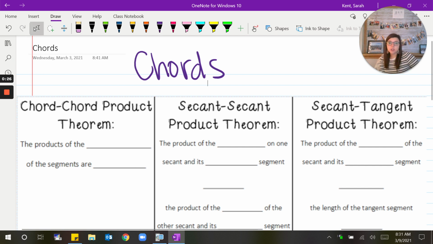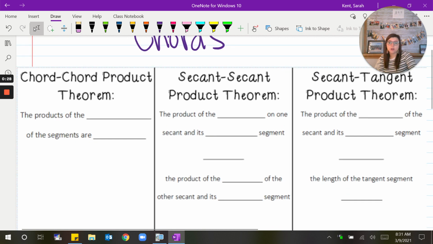So the first rule that we have is called the chord product. So this means that there are two chords in the picture. The theorem, or the definition for this, is that the product of the lengths of the segments are equal.